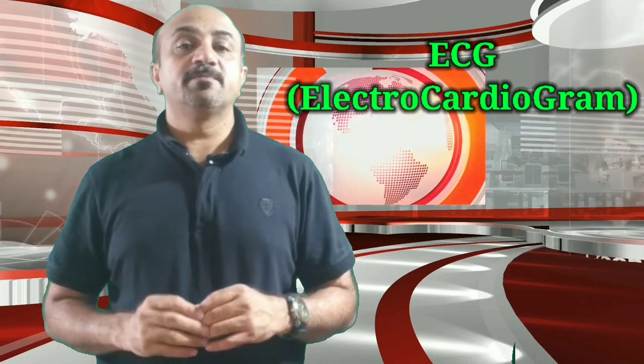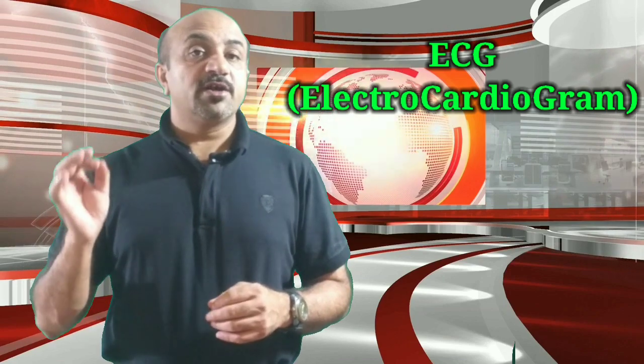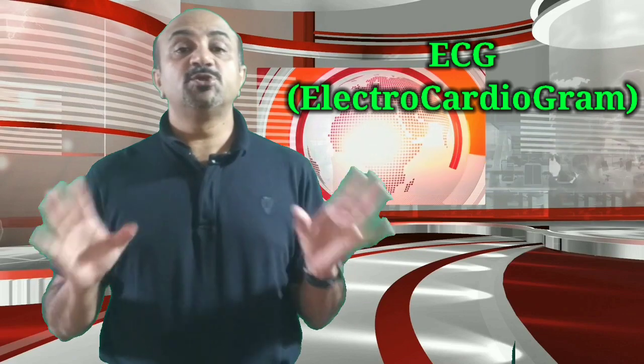Once you have received, as a doctor, a person who's giving you the symptoms of angina, how can you objectively diagnose that the person is surely suffering from angina? There are certain tests which you can carry out in these patients. One, the gold standard test, is the electrocardiogram or ECG. ECG stands for electrocardiogram. Electro means electrical activity, cardio means heart, gram means you get a picture of it.